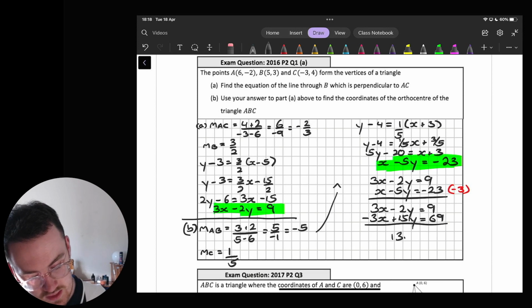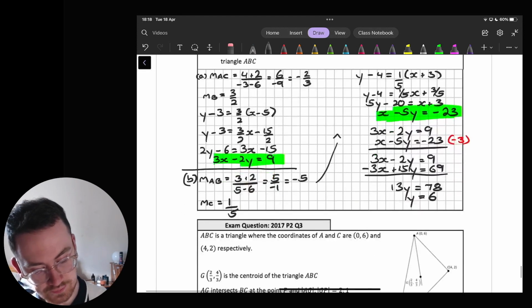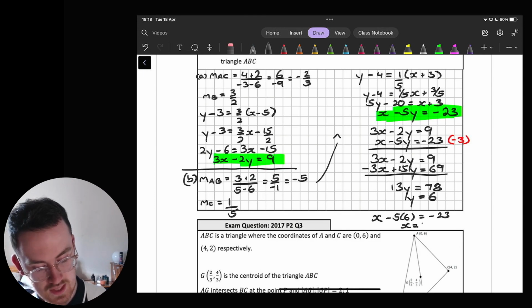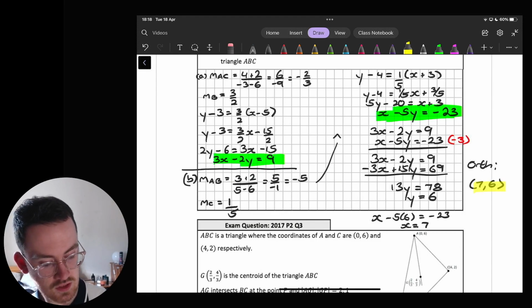So we get 13y is equal to 78, which means that y is equal to 6. Subbing that back in then, x minus 5 times 6 is equal to minus 23, which means that x is equal to 7. So my orthocenter will be (7, 6) for that question.